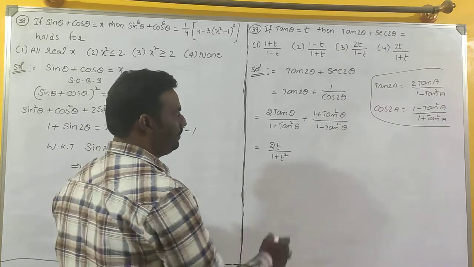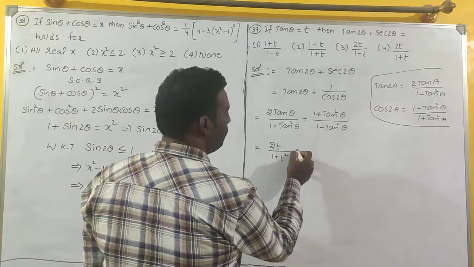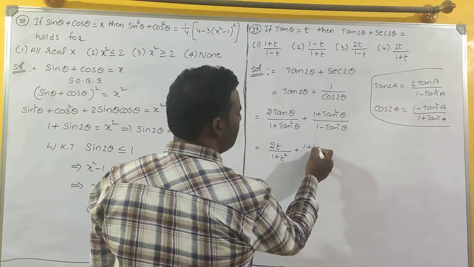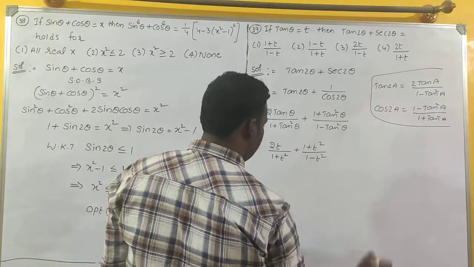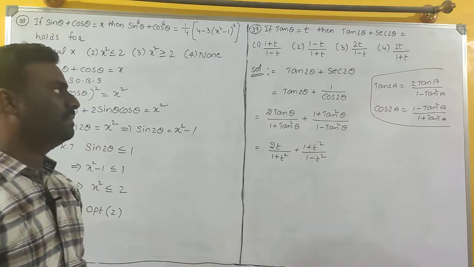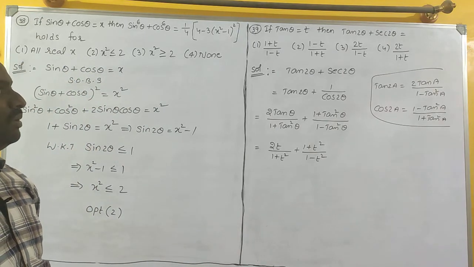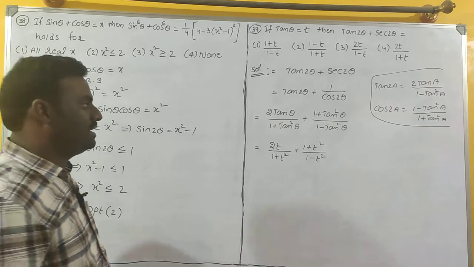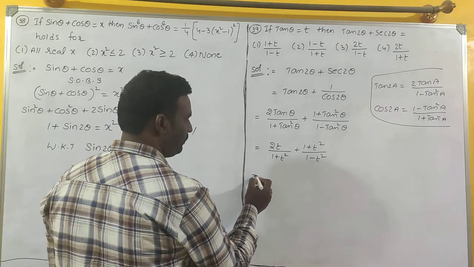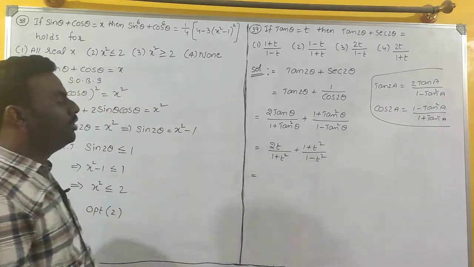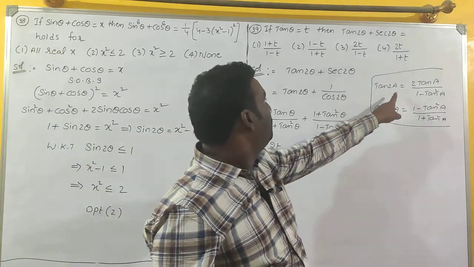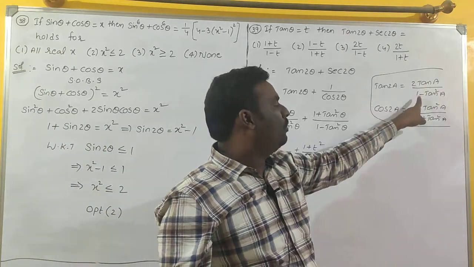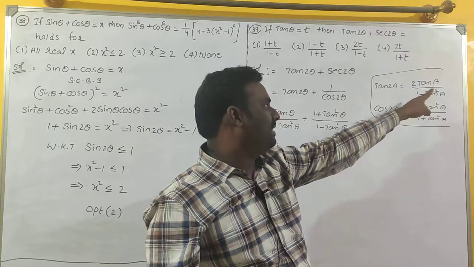Next, 1 plus t square by 1 minus t square. Okay. Now I will simplify this. 2t by 1 plus t square, because tan 2a formula is 2 tan theta by 1 minus tan square theta.